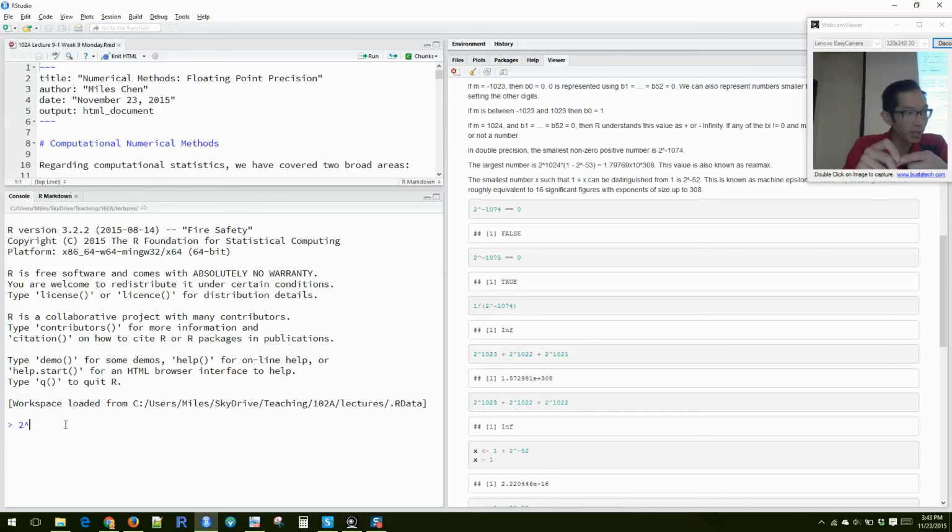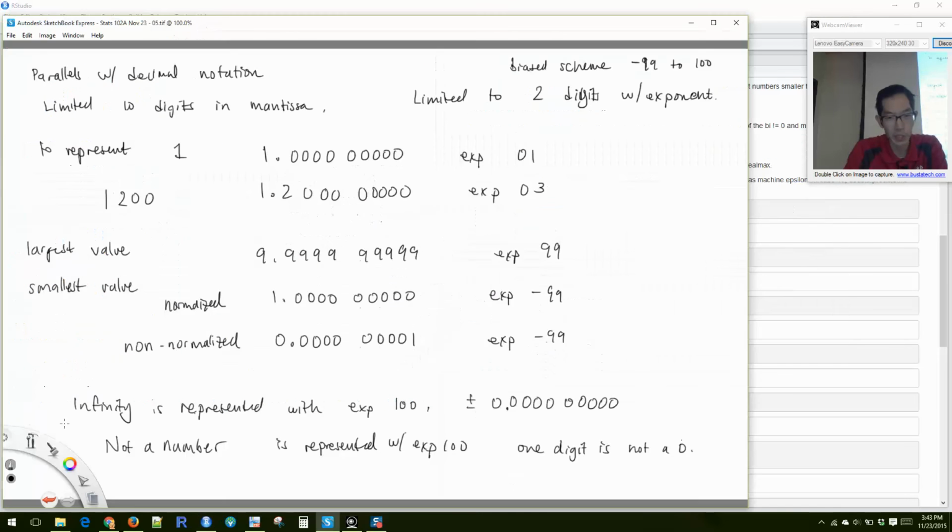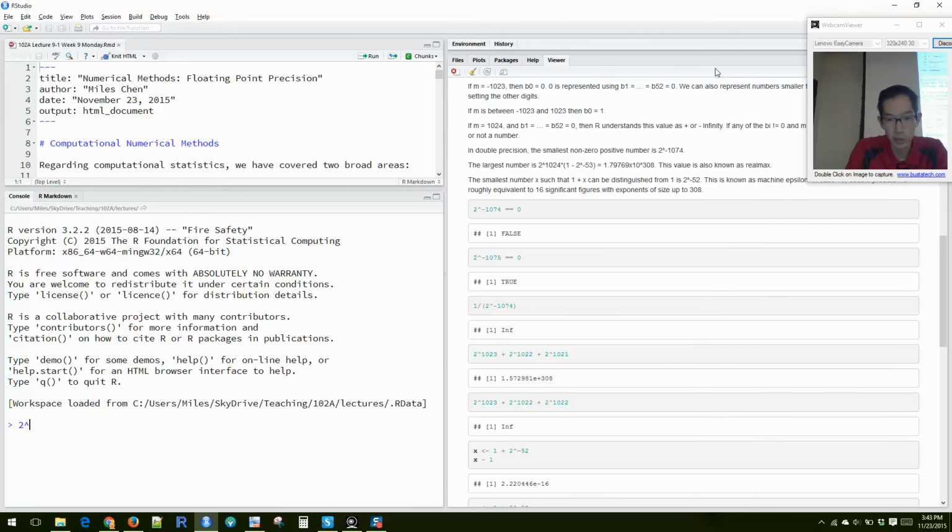So we can have the exponent as small as possible and the mantissa as small as possible. Okay, so basically our non-normalized form. But in binary, that value is 2 raised to the negative 1074. Okay, so we cannot have any value smaller than this.